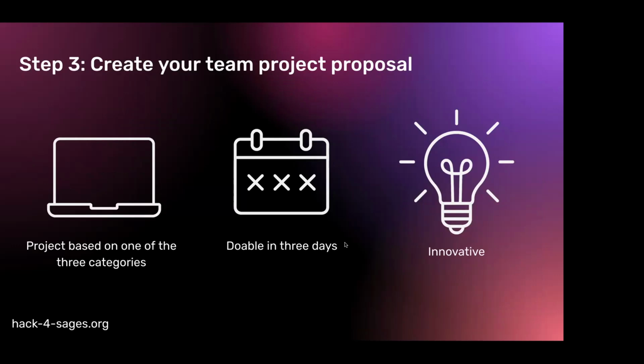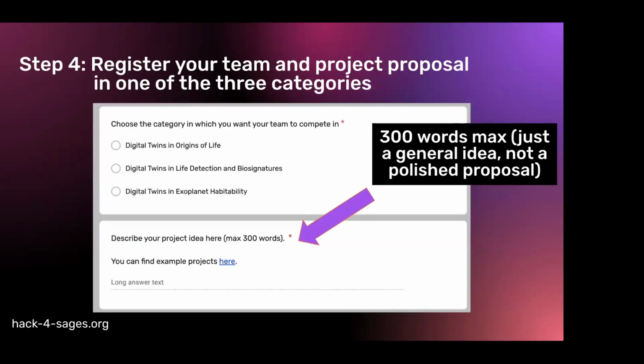So if you come up with a super ambitious project, there's a high chance that you will not be invited to participate in the main hackathon, because the project must be doable in 3 days, at least to some extent. And also, we would like the project to be innovative. So we don't want you to just repeat an analysis that has been done. Obviously you can get inspiration from a paper or analysis that has already been done, but you need to add something of your own. It cannot just be repeating something that has already been done.